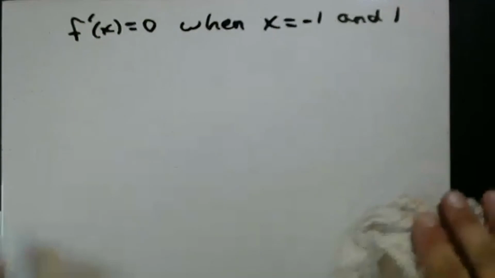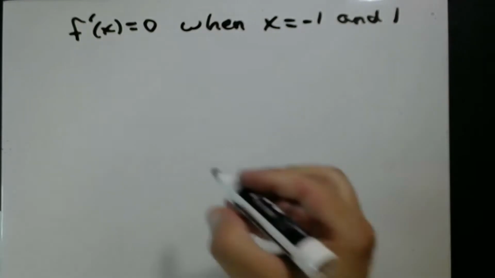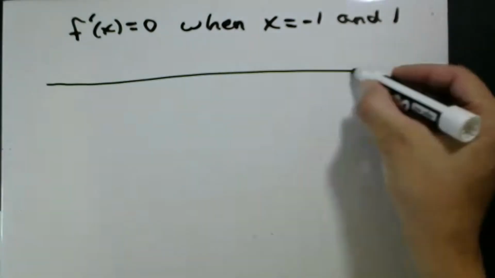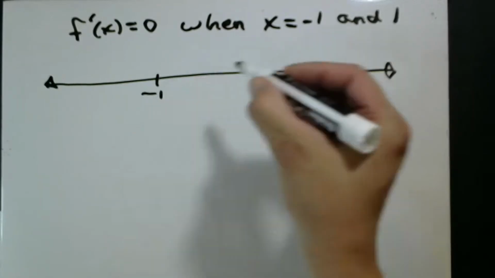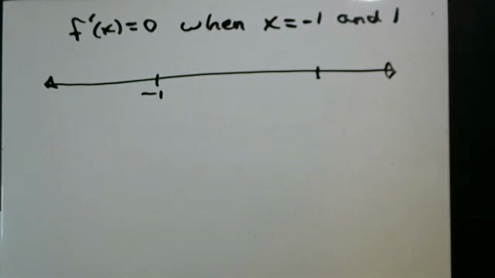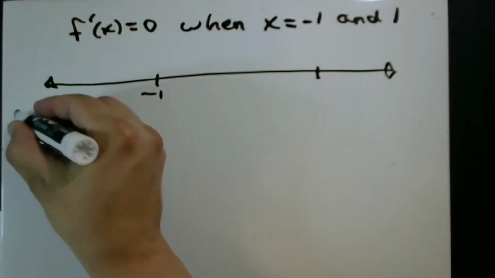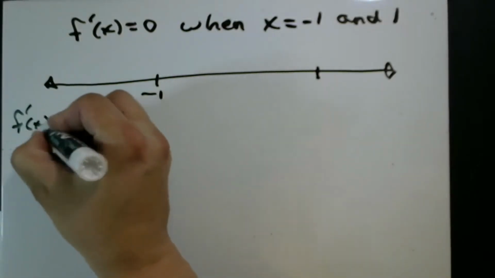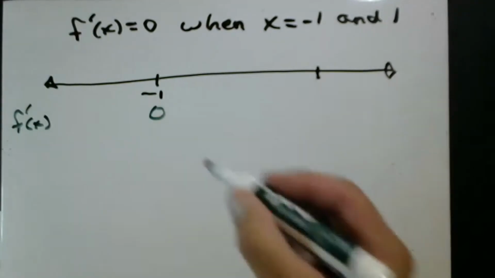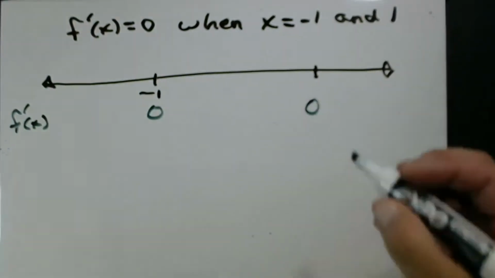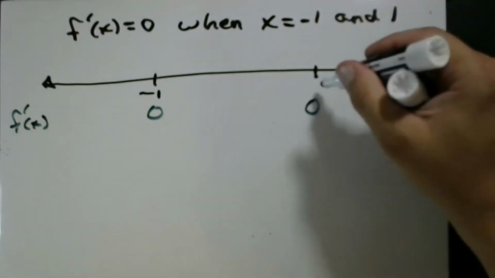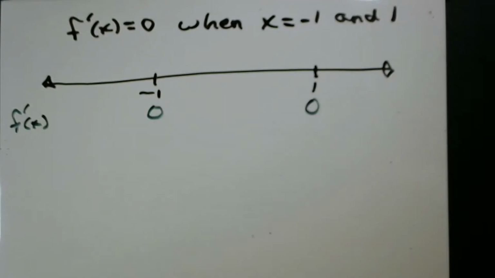So this is what we found out so far. We found a critical point at -1 and a critical point at 1.